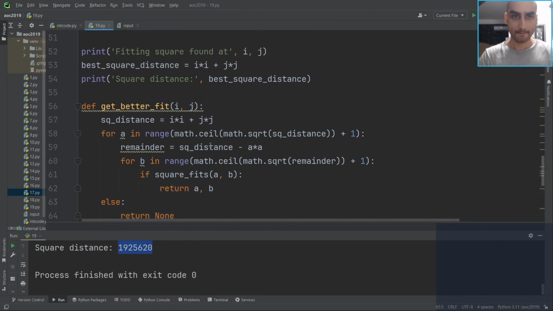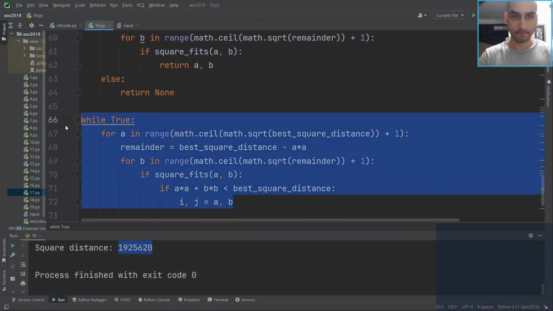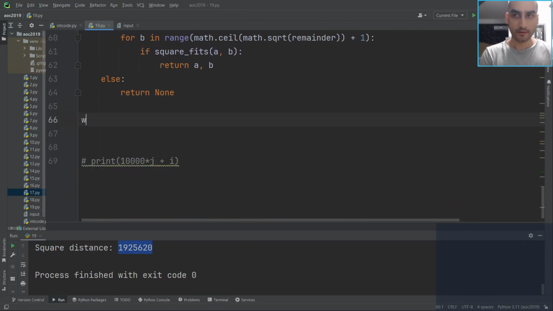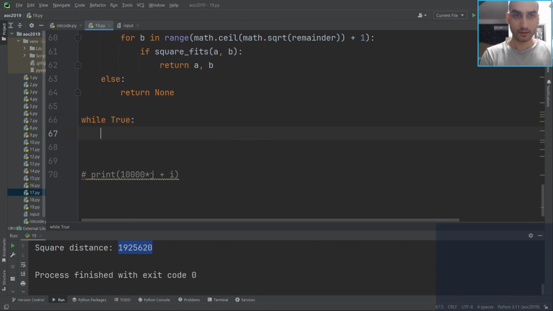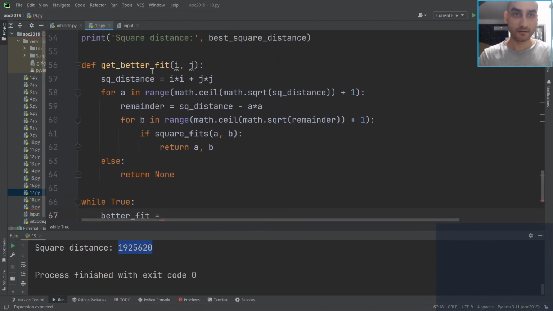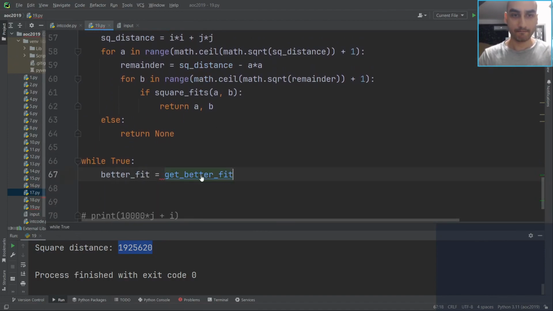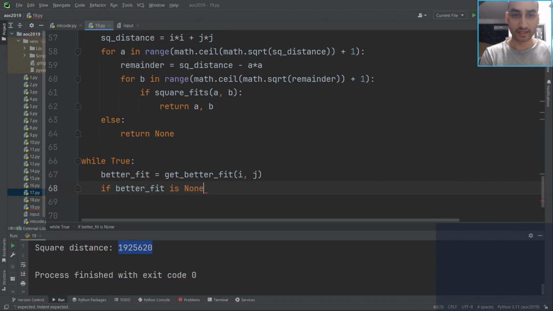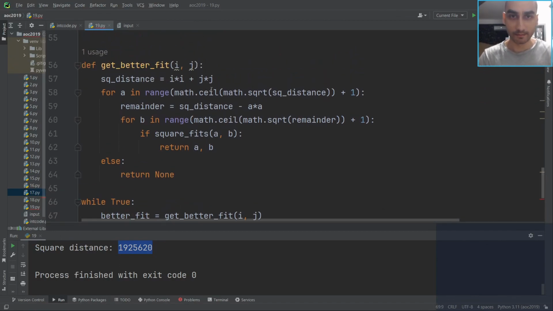Okay. Now, while true, better fit equals get better fit of i, j. If better fit is none, we've proven there's nothing better because we've tried the maximum possible radius.